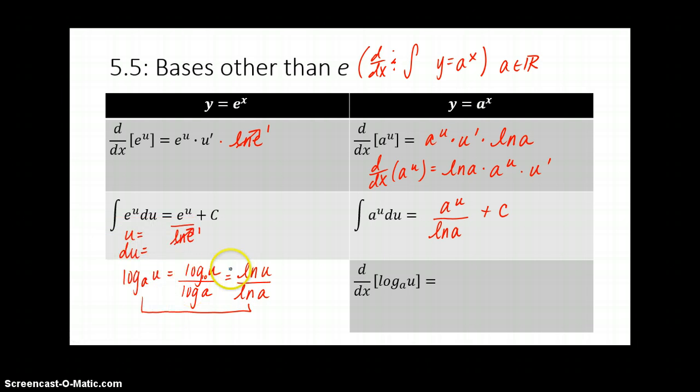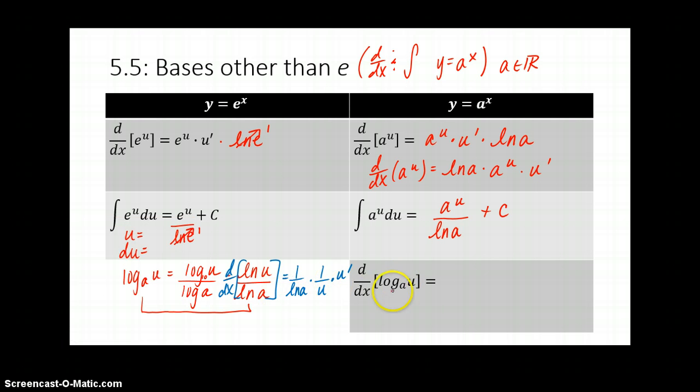Now what I'm going to do is take the derivative of this function with respect to x. Natural log of a. A is a real number, so 1 over ln of a, that's just a constant. The derivative of the ln of u is 1 over u times the derivative of the expression.